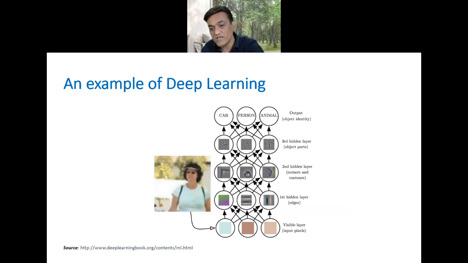So if you look at this visible layer as the input pixels, the next level is to find the first hidden layer. That is basically the edge identification, because in any image we can set some boundaries, and this is nothing but a kind of edge of a particular object. Then the second hidden layer identifies the corners and contours, and there may be variation, and then finally it identifies the parts of the object.